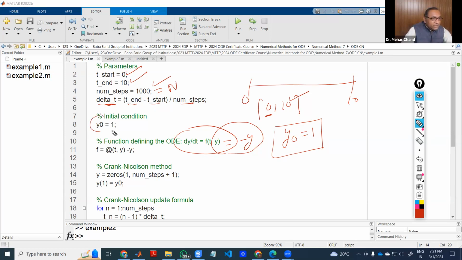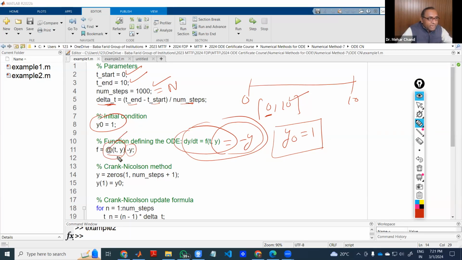And this is the initial condition, y naught is equal to 1, corresponding to the given differential equation. We will write this differential equation just like an anonymous function. So f will be equal to @(t,y) minus y. I think all of you know about this anonymous function. So f is a function of t and y.